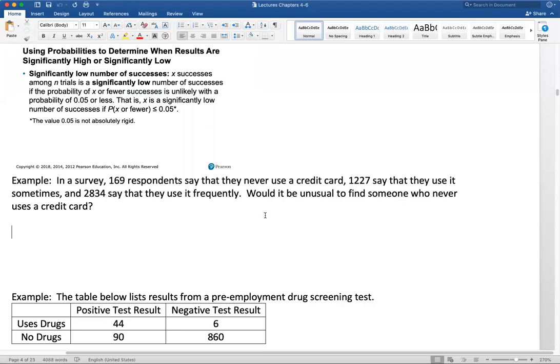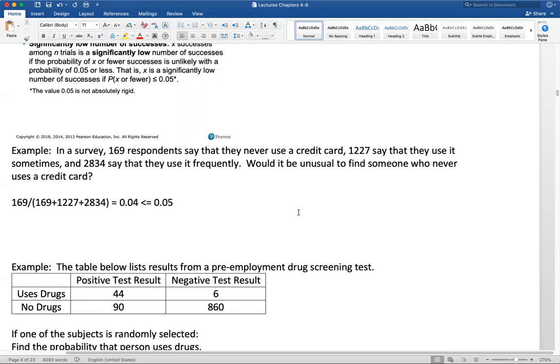That's approximately 0.04. So this is less than or equal to 0.05, which means it's unusual.